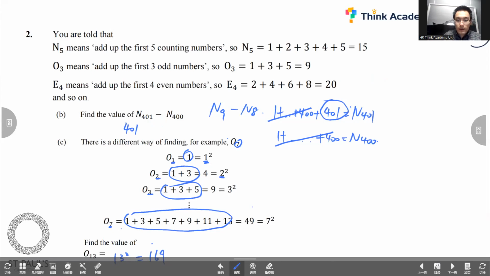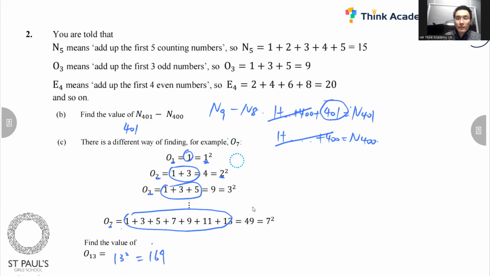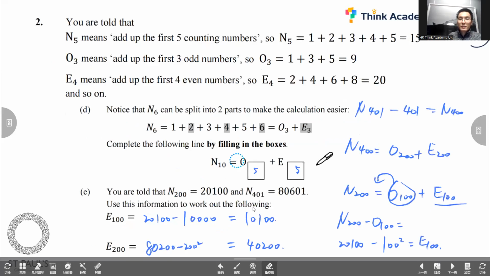That will be the sum of all the odd numbers. And then question D tells us that we can split an even number. So N6 we can split into O3 plus E3. With all these known, we can solve this question real quick.